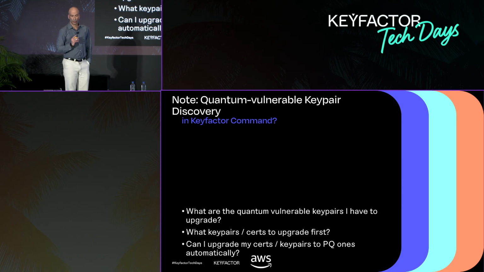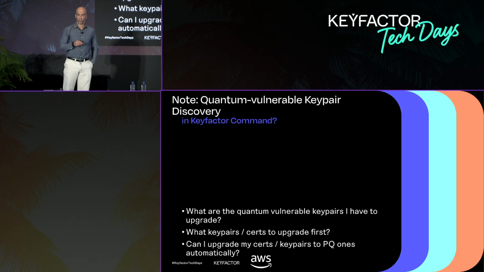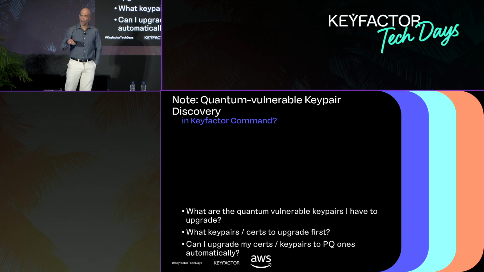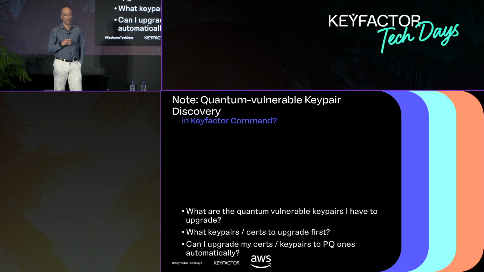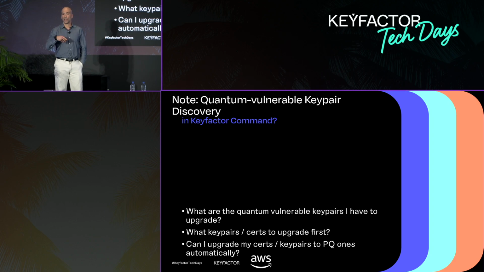Before I dive into the use cases, I wanted to tease out a common requirement or need that Keyfactor's customers have, AWS's customers have, and everyone else's customers have, and that has to do with discovery. We have all these keys, we sign stuff, we issue certificates, but how will I know what keys or key pairs I need to upgrade?